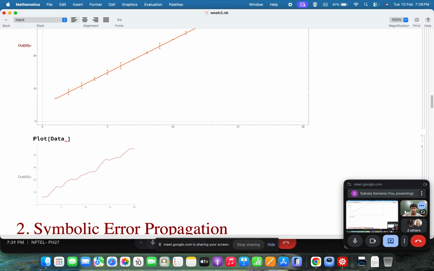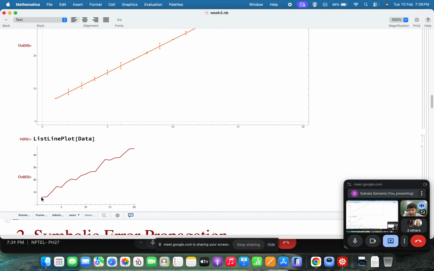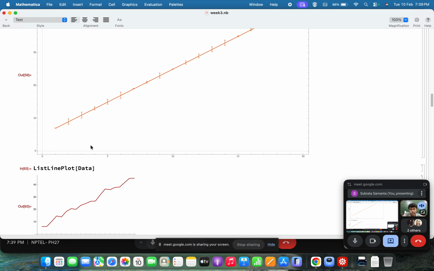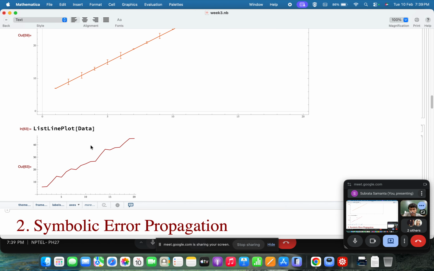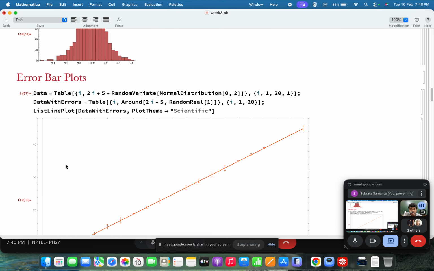In this case, you see that the first point, the second point and the third point are basically zigzag. Now you can check: at each point from 1 to 20 we generate some random numbers, because this 2x plus 5 does not actually hold, since we add some random numbers to it.